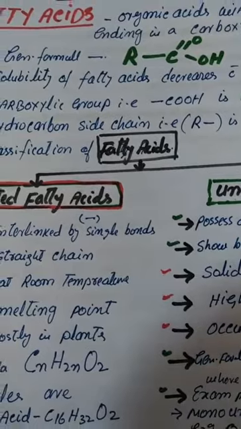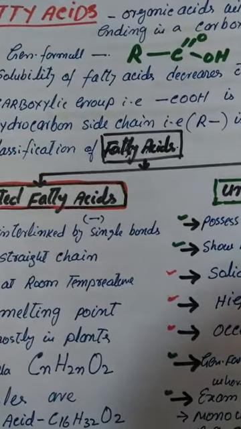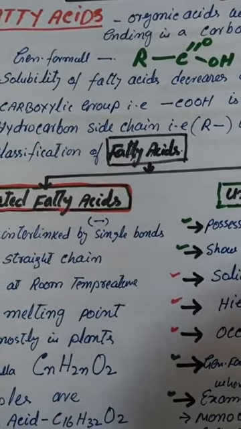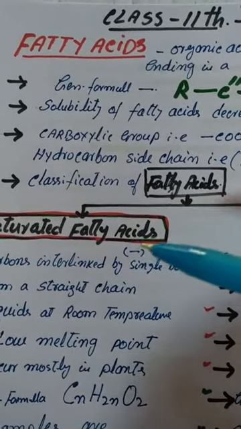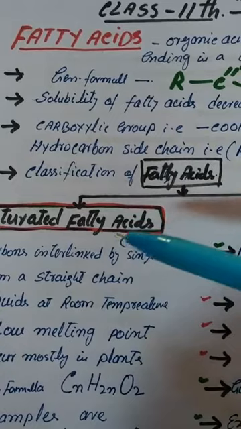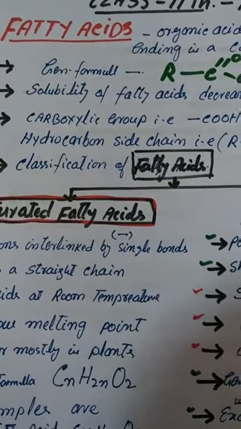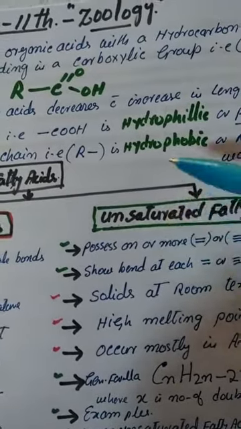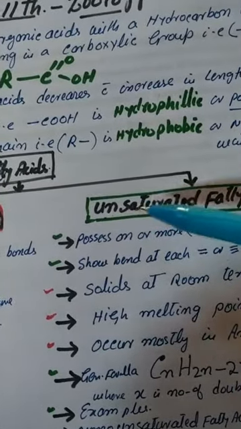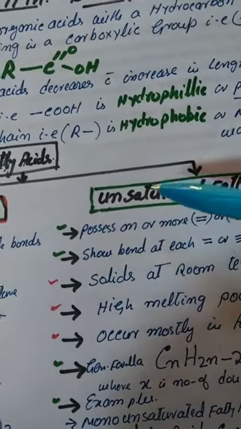Similarly, these saturated fatty acids are basically solids at room temperature, and they possess a high melting point as against the unsaturated fatty acids, which are liquid at room temperature and also possess a low melting point.